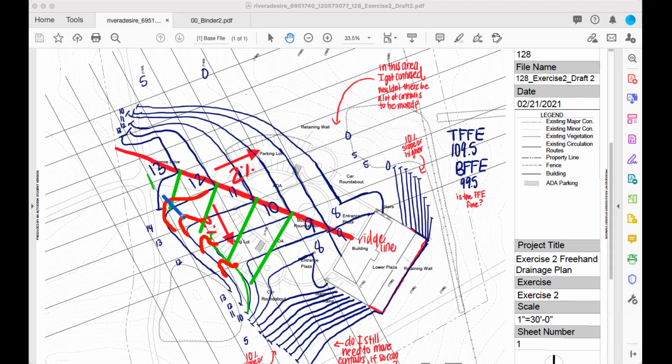So we need a swale in this area to try to divert water away. You can see this is a small mound. The water will drain toward your parking lot, and you would need a divergent swale in this area between the vegetation and your parking lot. And now it seems that we're running out of space in this area.